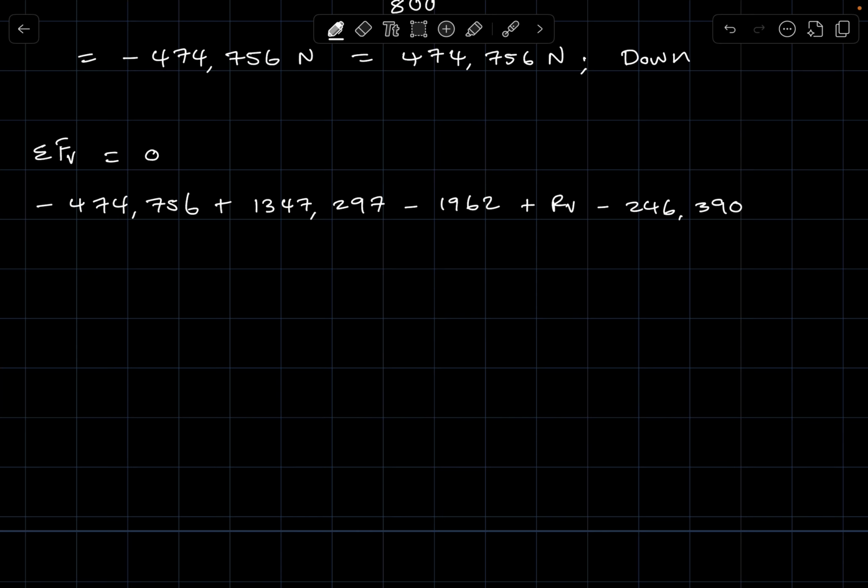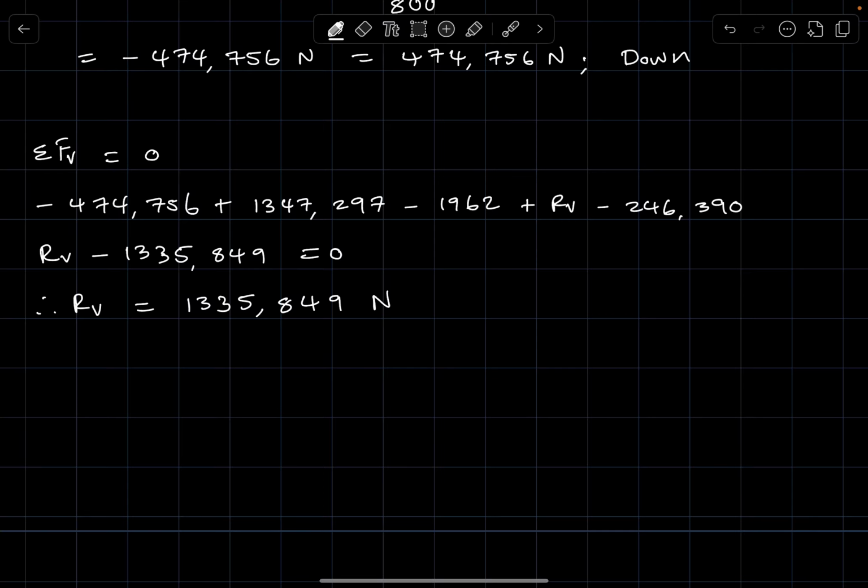Now, if you punch this in your calculators, RV minus, you should get negative 1335,849 is equal to 0. Therefore, RV is equal to, you transpose this to the other side, and it becomes positive 1335,849 newtons.